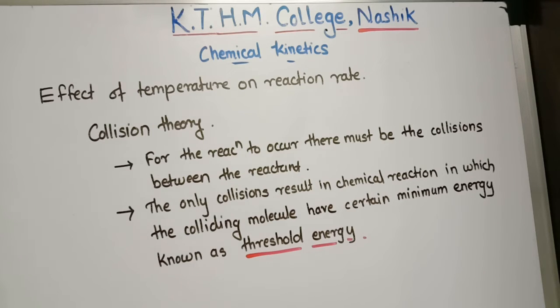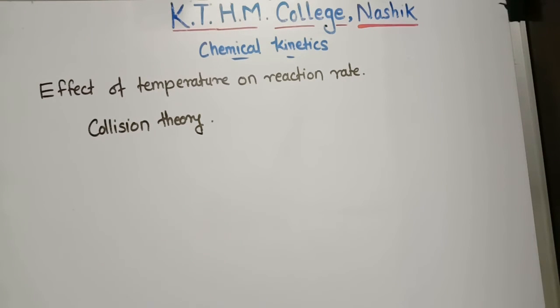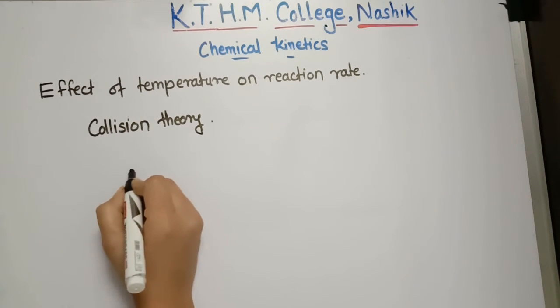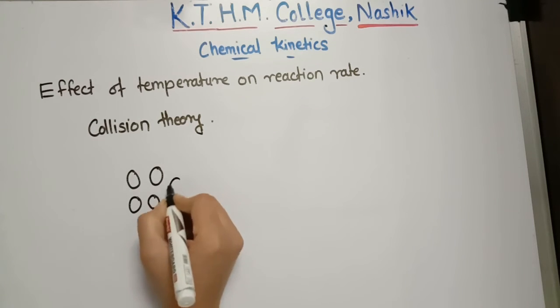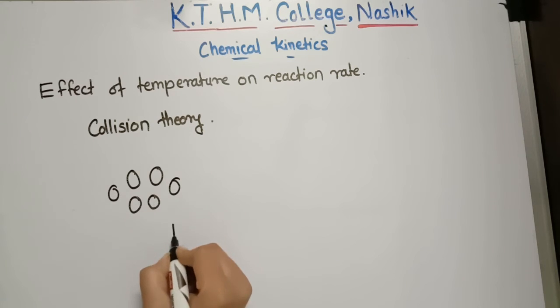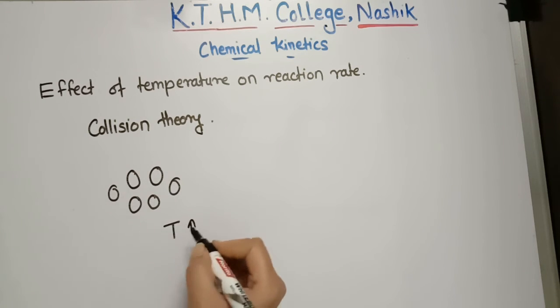So most of the molecules have energy less than the threshold energy. This could be explained like this. See, if these are the colliding molecules, and we supply heat or increase the temperature, what happens?